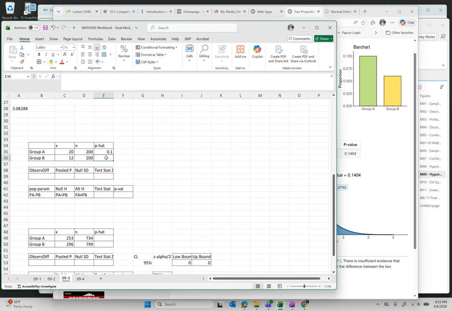I'm going to do the same thing in the second one. I'm going to divide the X and the N to find the two P hats, and the observed difference will be the proportion from the first sample, P1 hat, minus the proportion of the second sample.